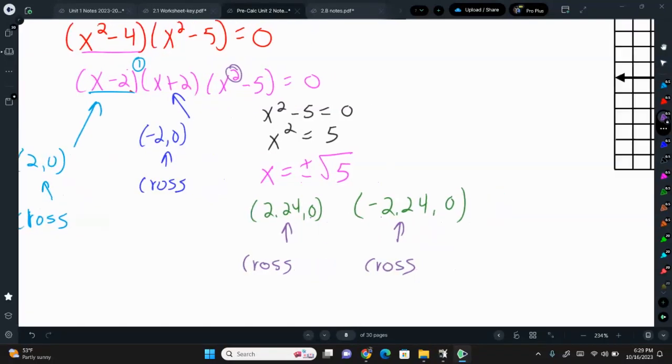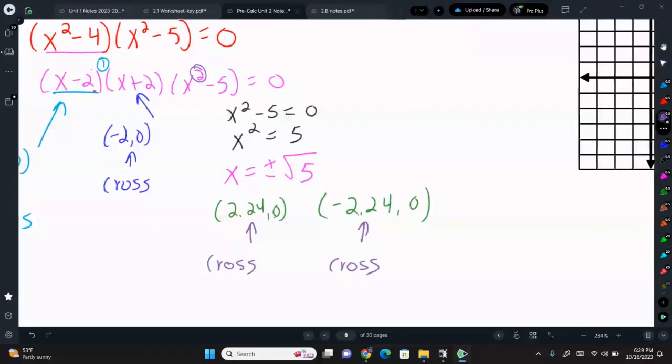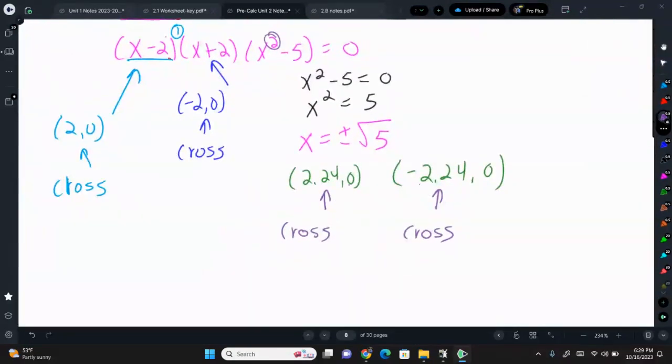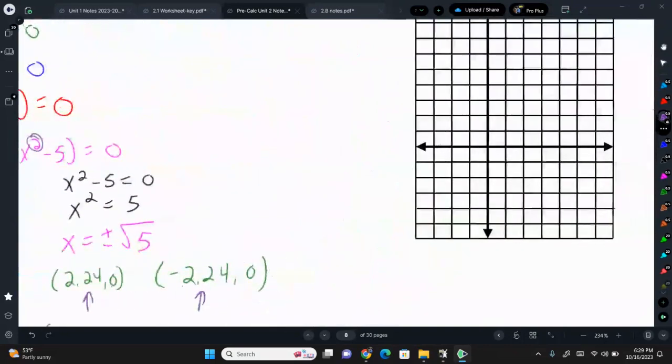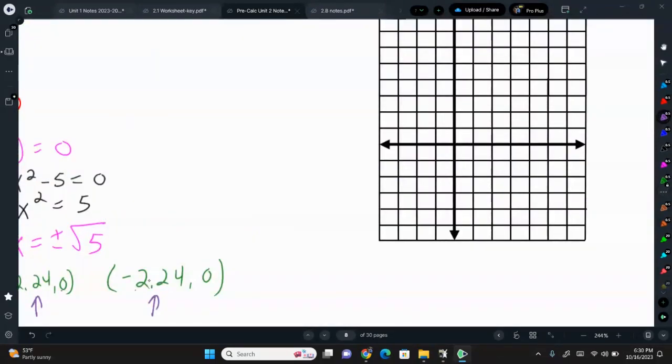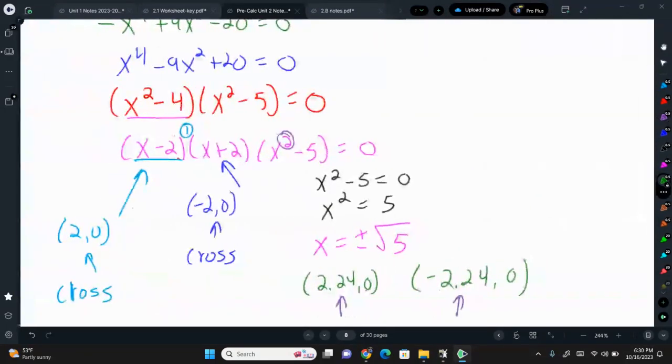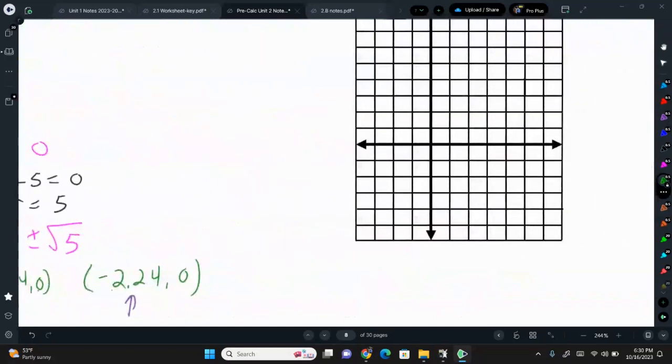So now let's plot all of our zeros, and I know that they're going to be rather close to each other. So we have negative 2 and positive 2. And we have negative 2.24 and positive 2.24.